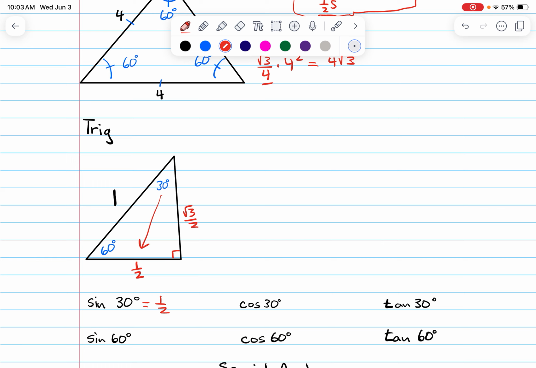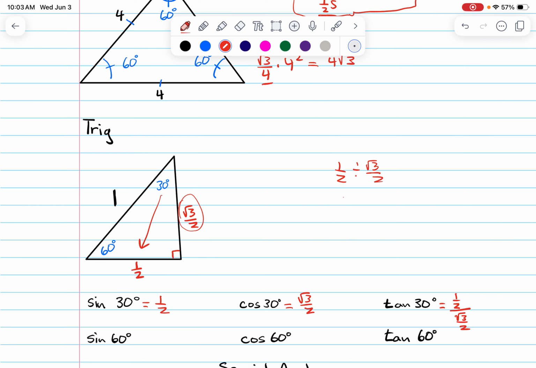The cosine is adjacent over hypotenuse. And then tangent is opposite over adjacent. So we've got 1/2 divided by the square root of 3 over 2.